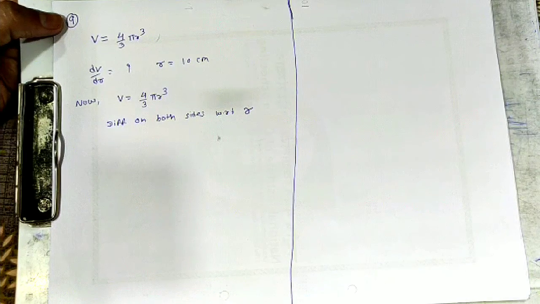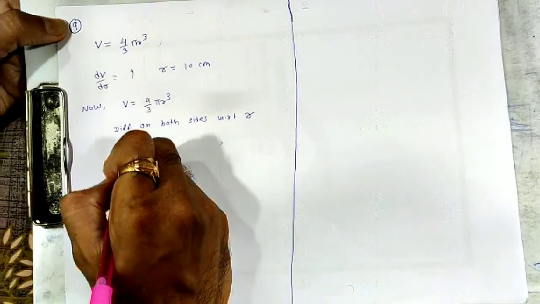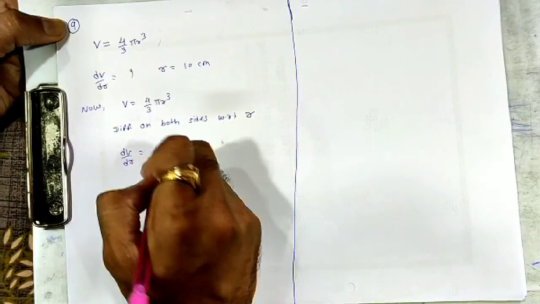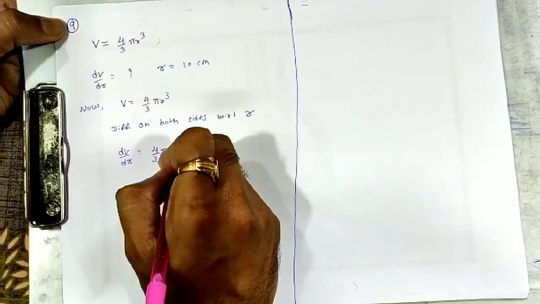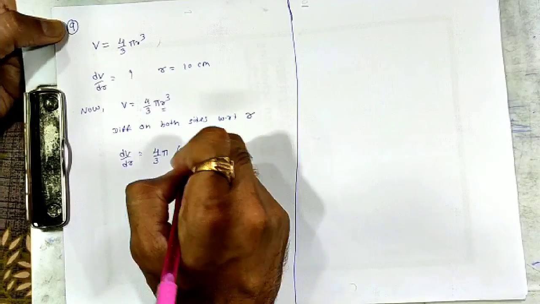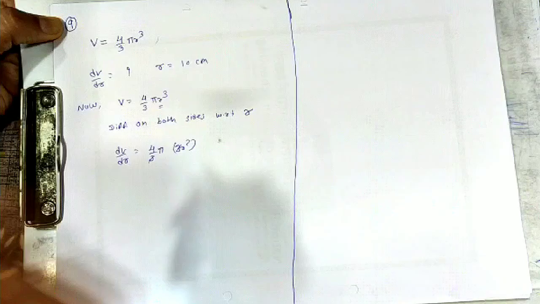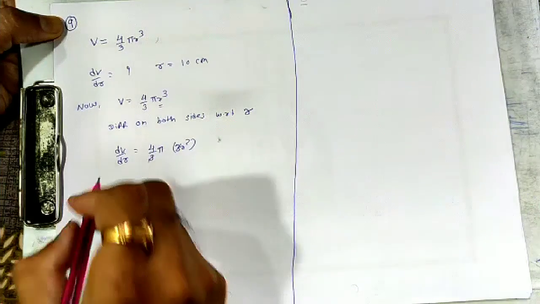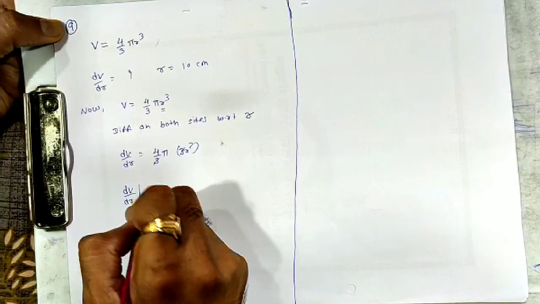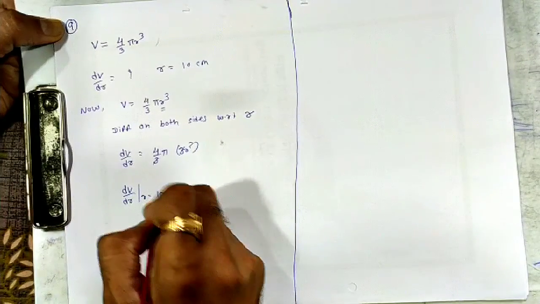Volume changes with the radius. So dV by dr equals 4 by 3 pi, which is a constant, and differentiation of r cube is 3r square. So this 3 will be cut, and we have to find the rate of change of volume when radius r becomes 10 centimeter.